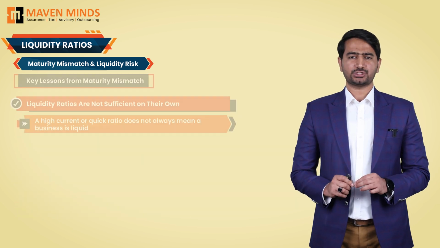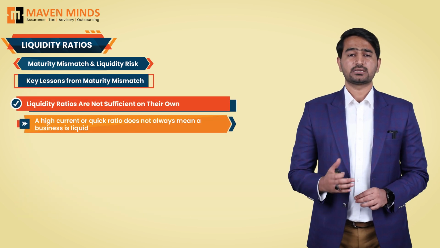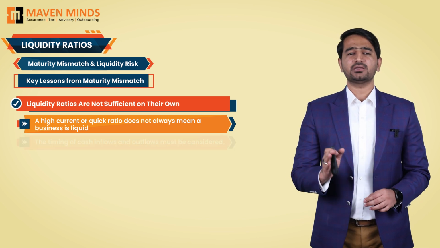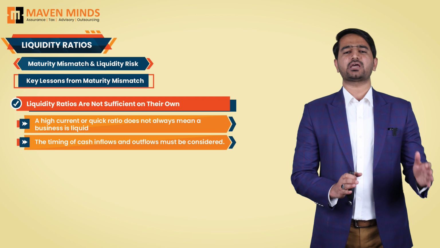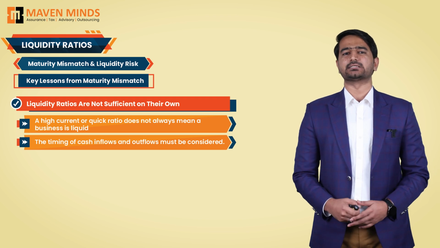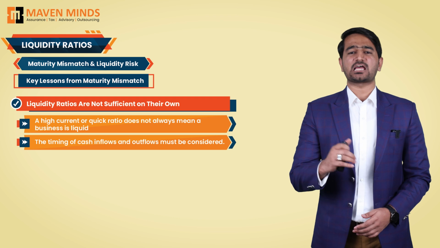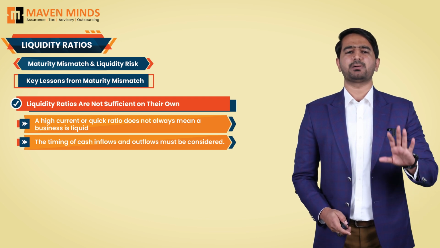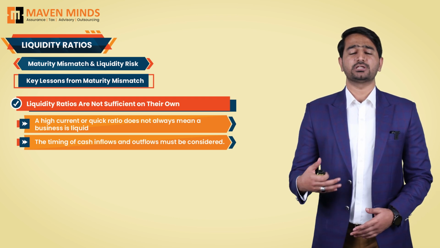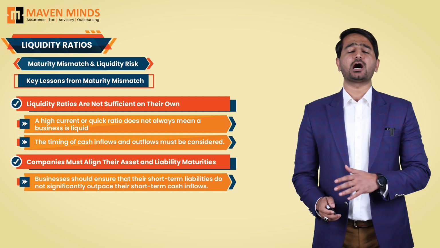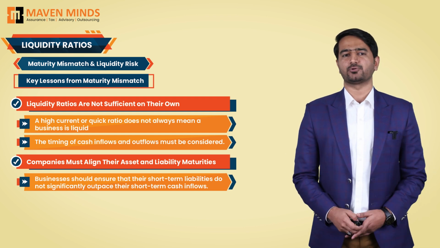So a high current ratio or high quick ratio does not always mean a business is liquid. The timing of cash inflow and timing of cash outflow must also be considered. Liquidity must be analyzed in conjunction with cash flow forecasts, not just the balance sheet figures. And businesses should ensure that their short-term liabilities do not significantly outpace their short-term cash inflows.